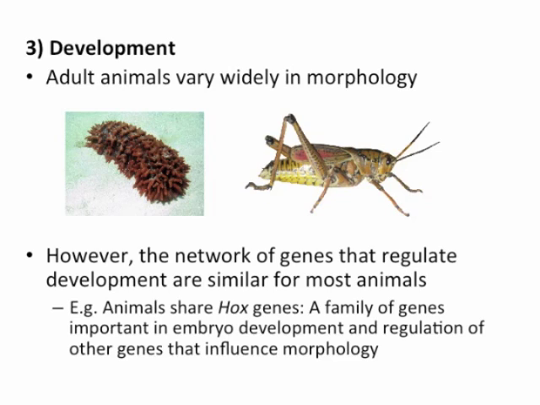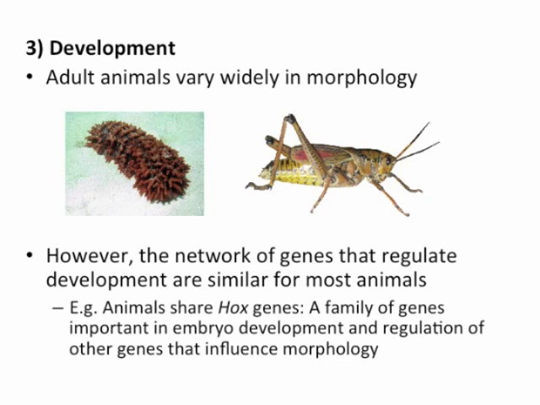Third thing that makes an animal is that they develop, and they develop in a similar way. So adult animals will vary pretty widely in their morphology, and morphology is their structure, their outward appearance, how they're made up. However, the network of genes that have led to their development are pretty similar for most animals.